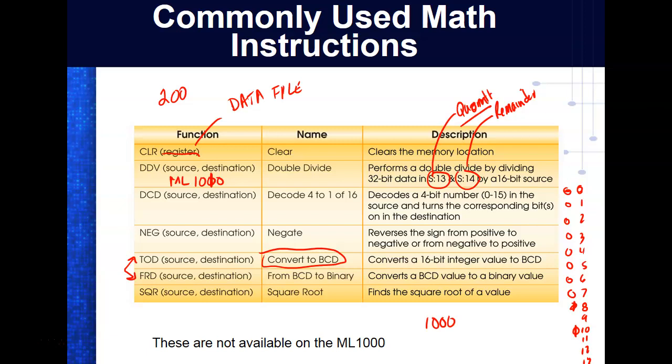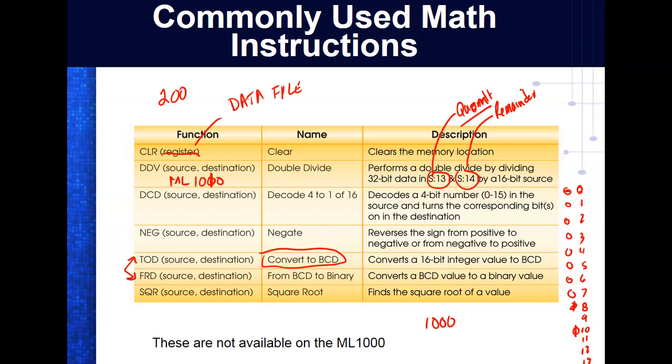We can do all this kind of stuff with it. What can we do? We can convert it back to decimal so we can display information. So these are all considered math instructions, guys. And then of course square roots. What does square root do? Take the square root of a number. Here you definitely need to store this answer. So that's all the math instructions that this book talks about.